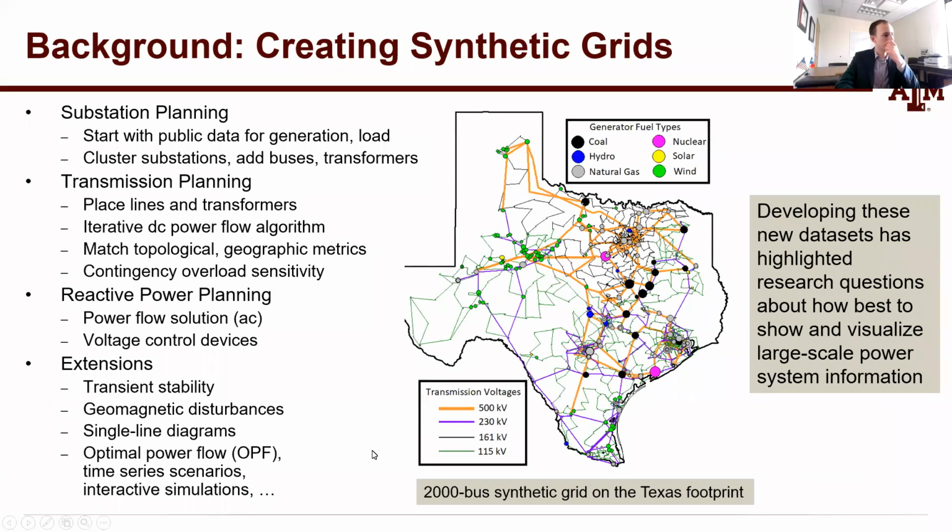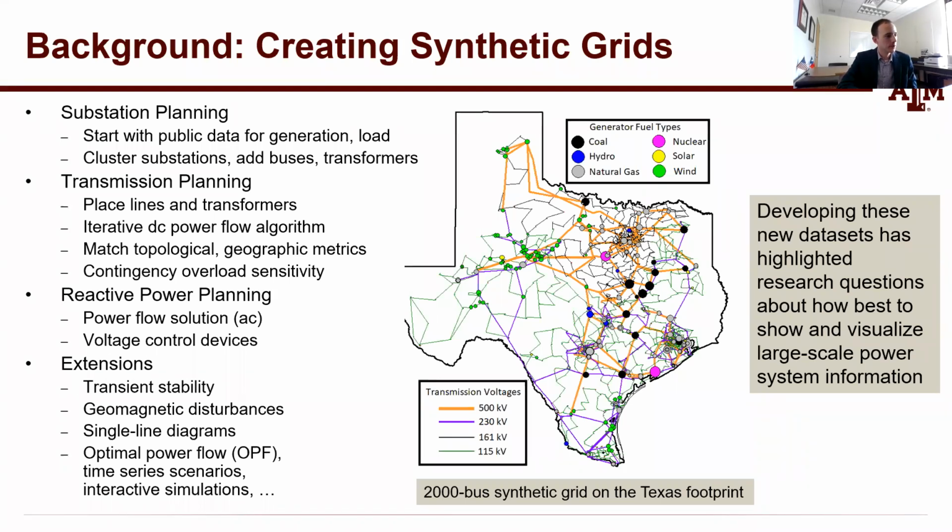Before I dive into all of that, I want to talk for just a minute about synthetic grids. Just about everything I do in this area connects to this concept of synthetic grids. Synthetic grids come from the idea that actual power system data can be difficult to access. It can be restricted due to national security considerations, data privacy, and a lot of other reasons, so the data that would be helpful for a lot of kinds of research is hard to get access to.